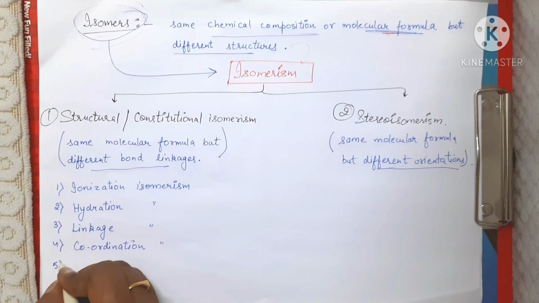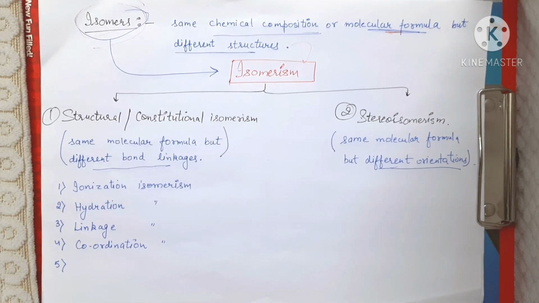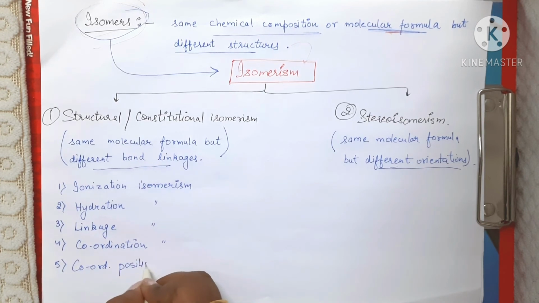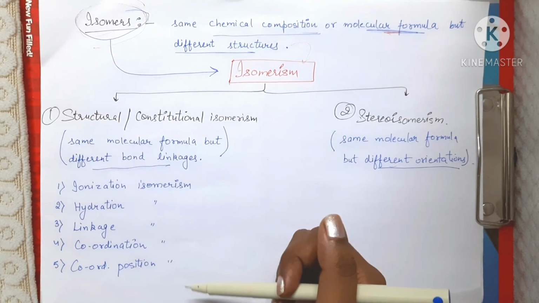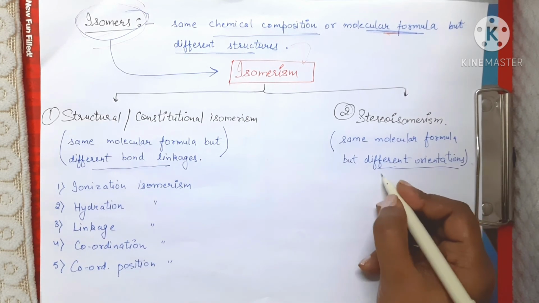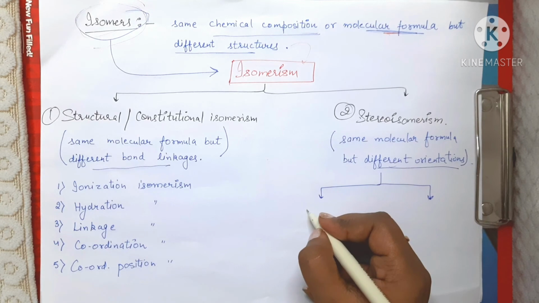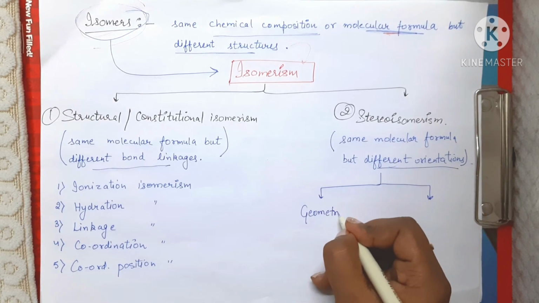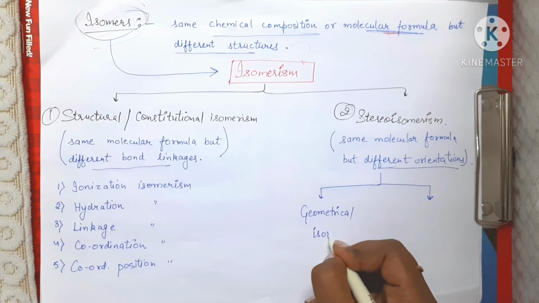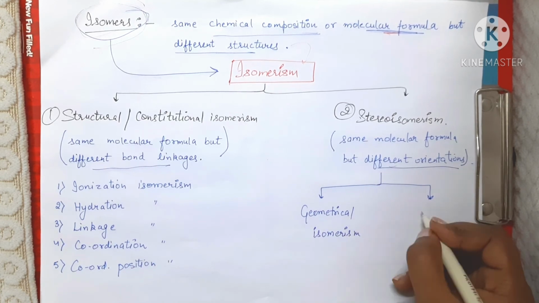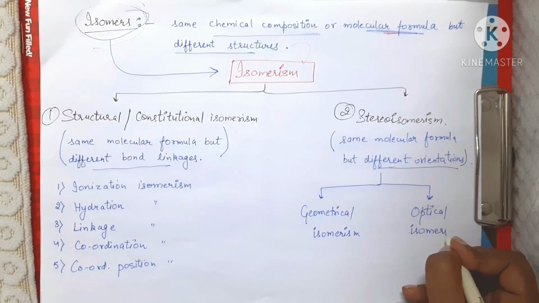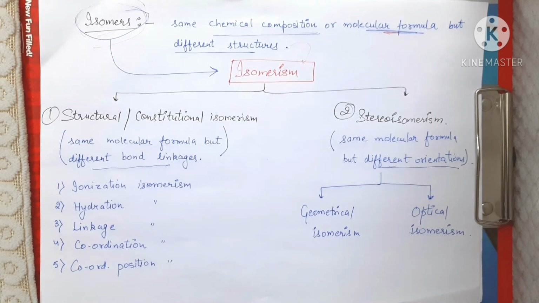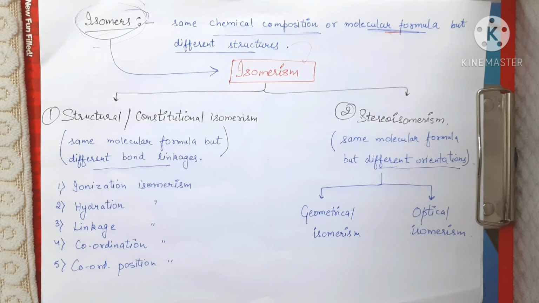And fifth is coordination position isomerism. So this is the classification of structural isomerism, and stereoisomerism is further of two types, that is geometrical isomerism and optical isomerism. So this is the major broad categorization of isomers.